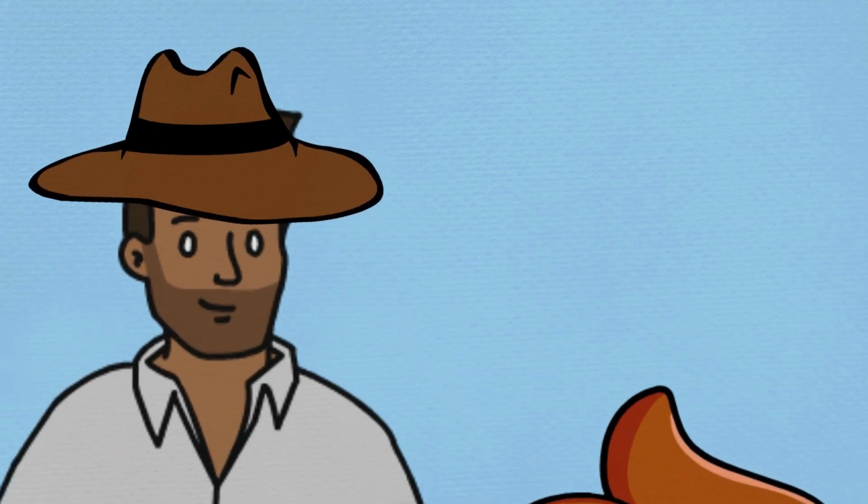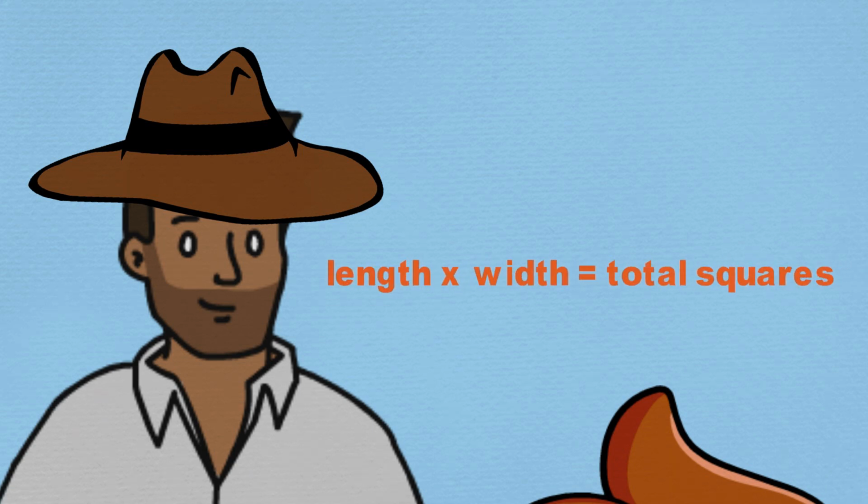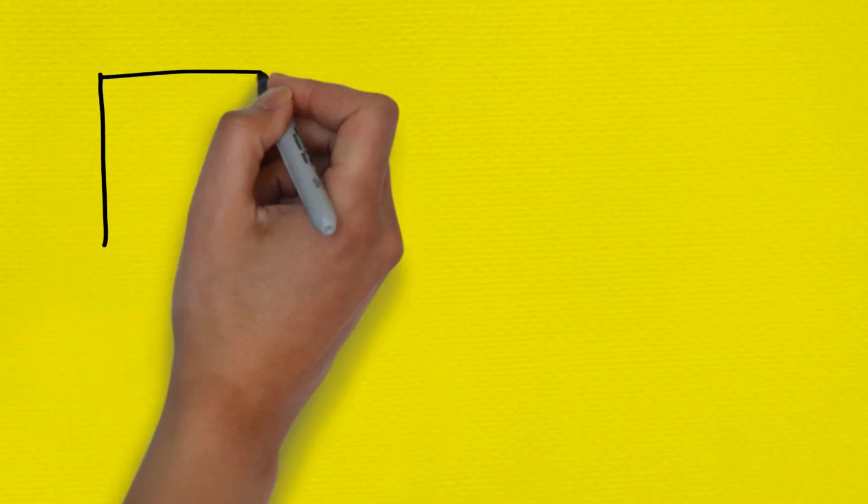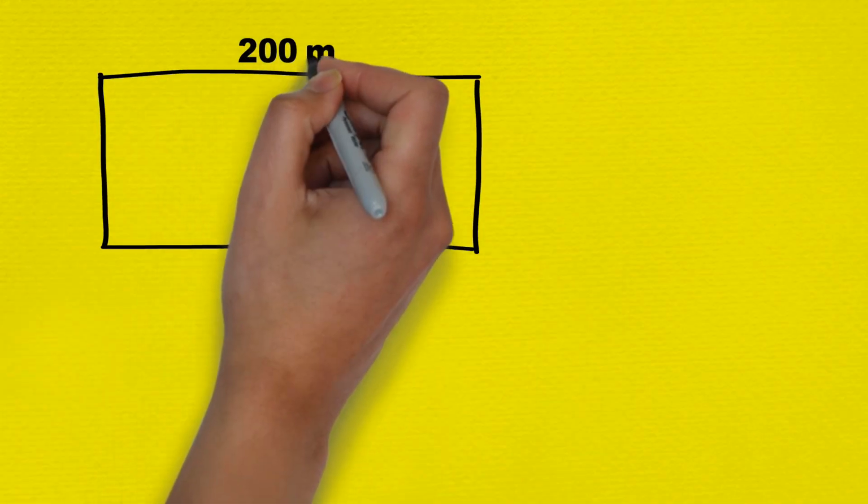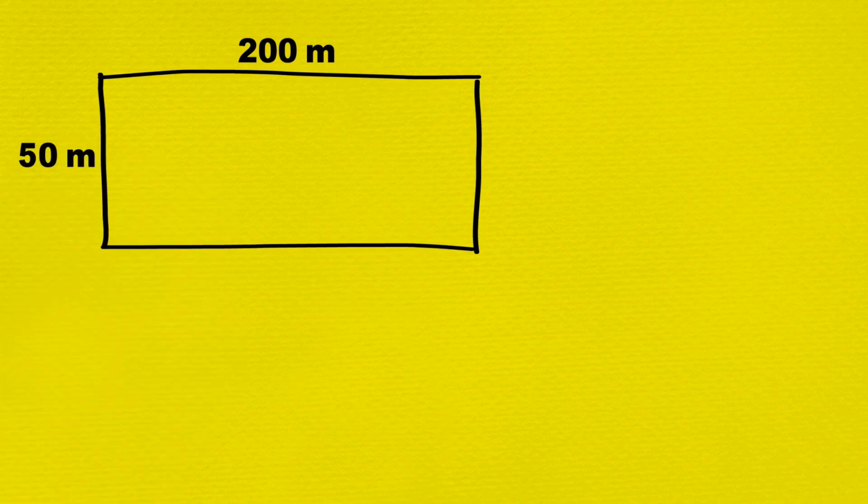"If you know the length of the rectangle and its width, you can just multiply the two numbers together to work out the total squares, that is, its area. For example, this paddock here is 200 metres long and 50 metres wide.